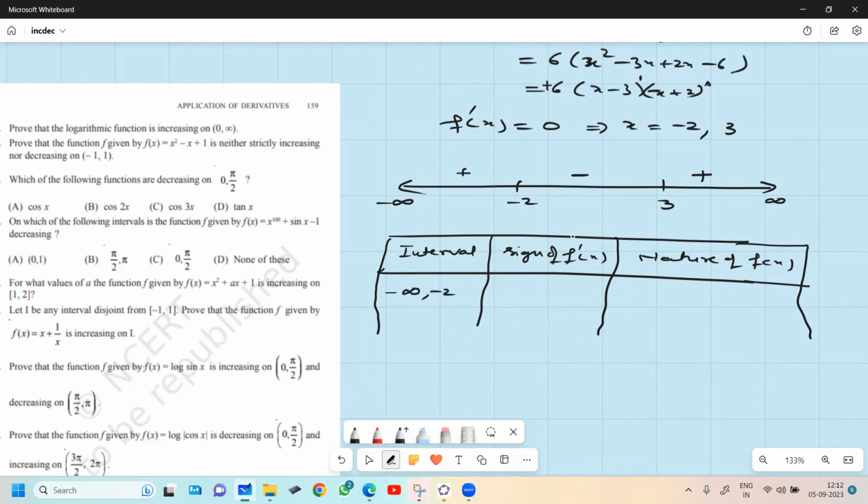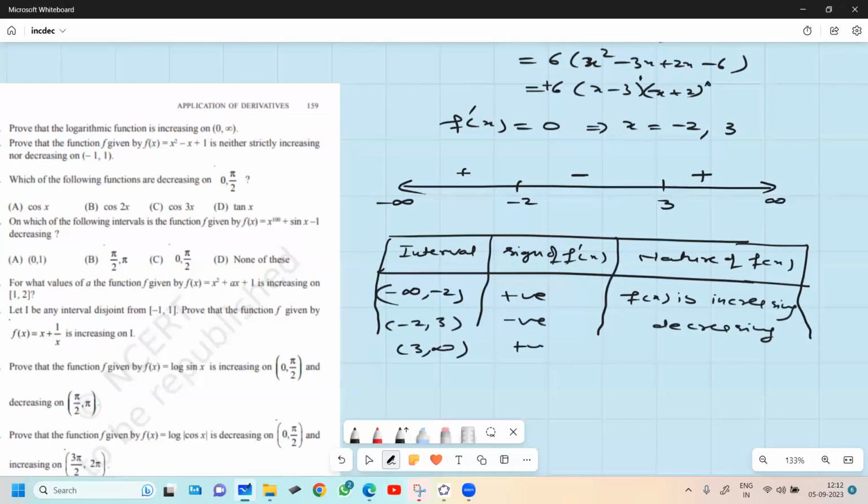Minus infinity to minus 2: what is the sign? Positive, f of x is increasing. Then minus 2 to 3: sign is negative, so this is decreasing. And then 3 to infinity: it is positive, f of x is increasing. You have to write this as a table.